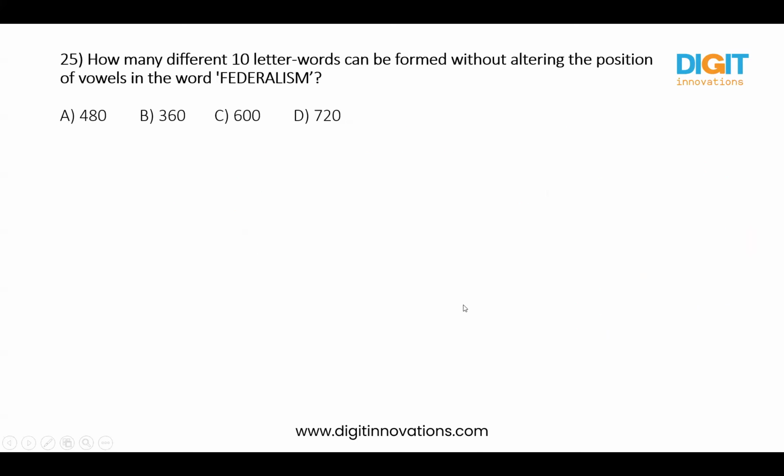In how many different 10-letter words can be formed without altering the position of vowels in the word federalism? So in federalism, I have to remove the vowels.